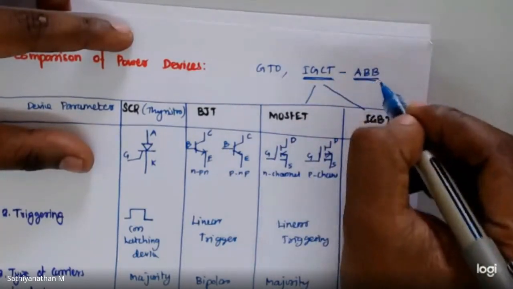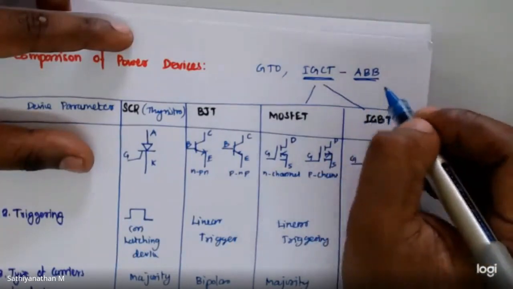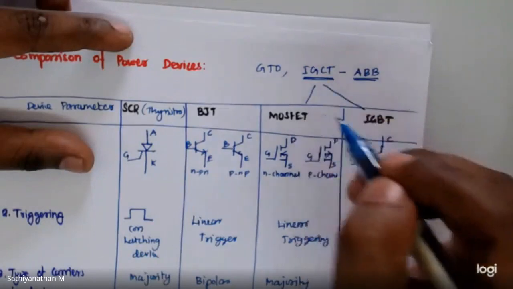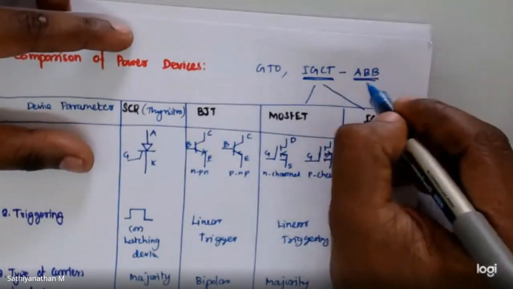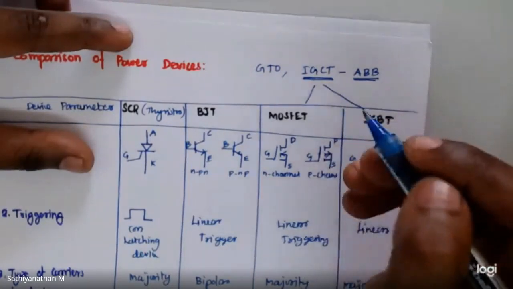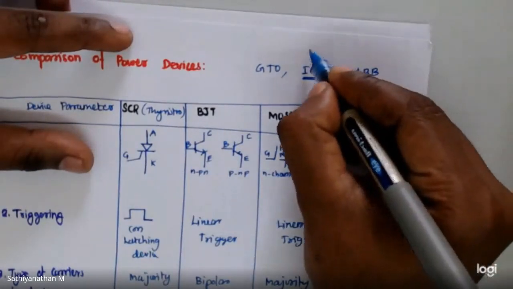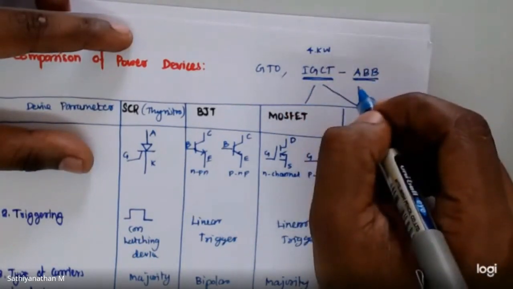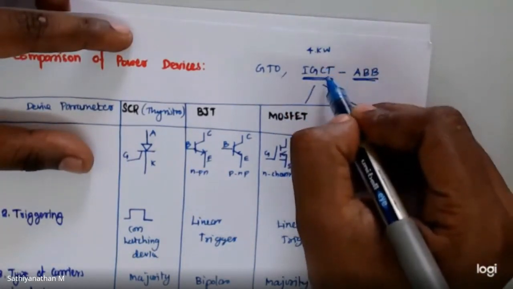Actually, last year we purchased one equipment to test the characteristics of IGCT. While inquiring about the specification rating, the device is available only in the 4 kilowatt range. So the minimum rating of this device is 4 kilowatt.